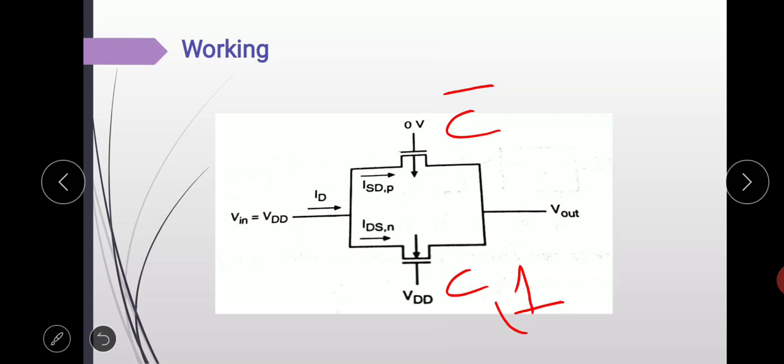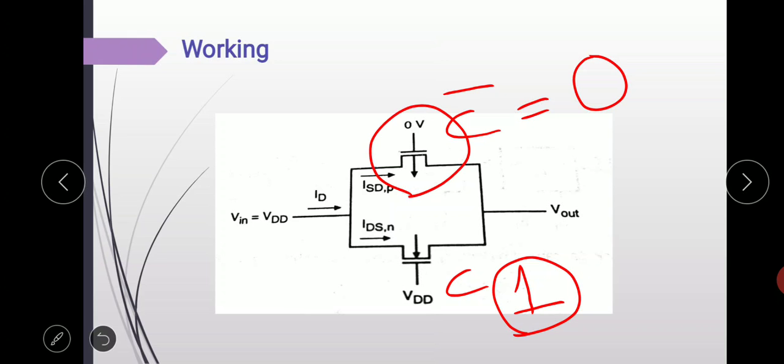So when C equals 1, C complement equals 0, and that is given to the gate of the PMOS. So both transistors are turned on and provide a low resistance current path between the nodes. As the transistors are turned on, current starts to flow, so a low resistance current path is provided.